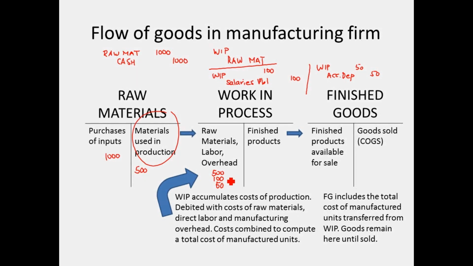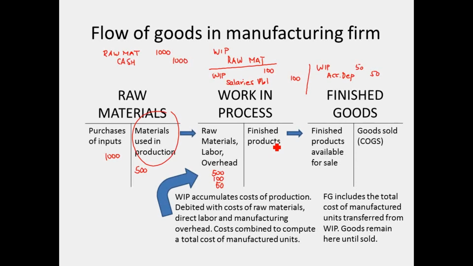Then you're finished. These goods, after you've worked on them enough, they're done. We've got a bunch of tables sitting in our work in process area. What should you do with those tables? Should you just leave them there? That's probably a bad idea, because if you just leave them there, you're not going to be able to sell them, right? So you want to send them over to your showrooms where you're selling your tables and showing everyone what you have. Or at the very least, they're available for sale. So you would transfer them to finished goods.